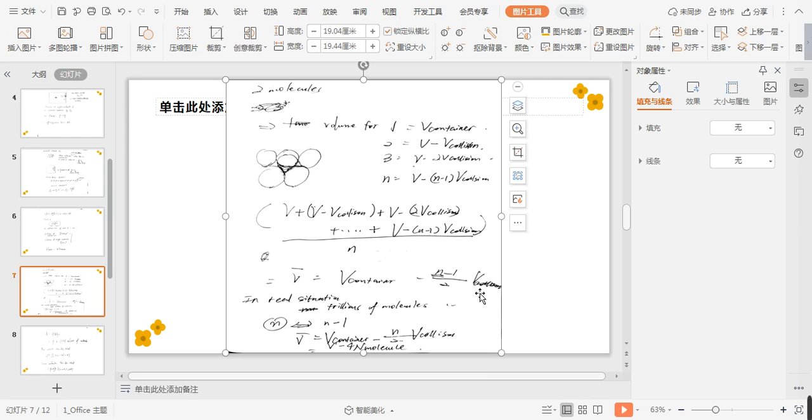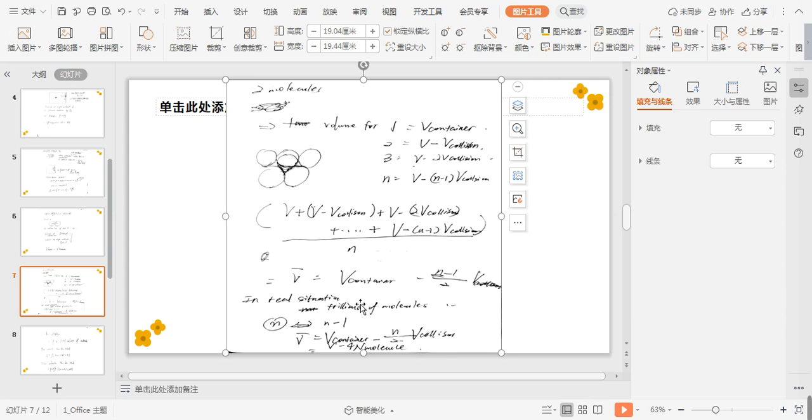Sorry, it's a little unclear. It's V collision. And in the real situation, there are trillions of molecules in the container, so n minus 1 is nearly equal to n. So we can revise this equation as V container minus n/2 V collision.